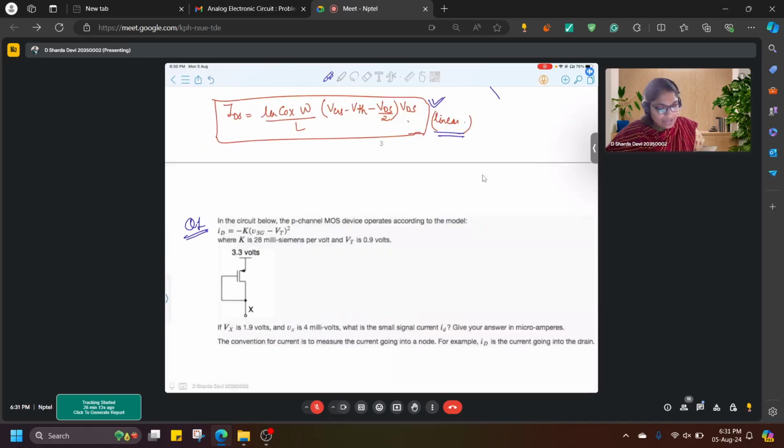That's the thing. So here if you observe, first of all, this is a P-type MOSFET, right? So that means this is source, this is drain, and this is gate.